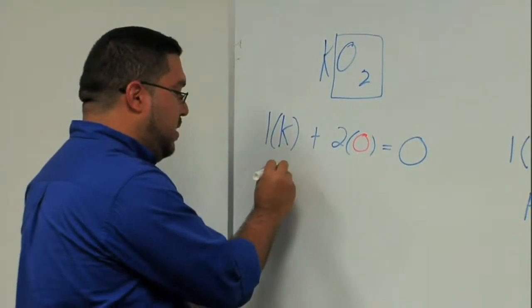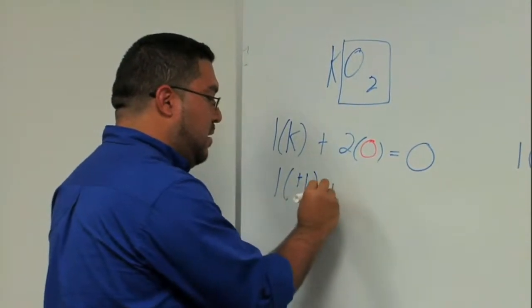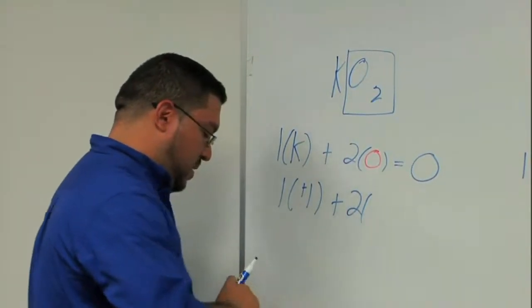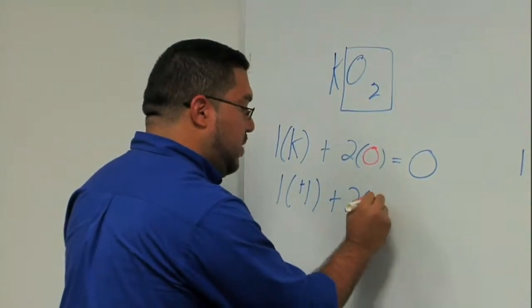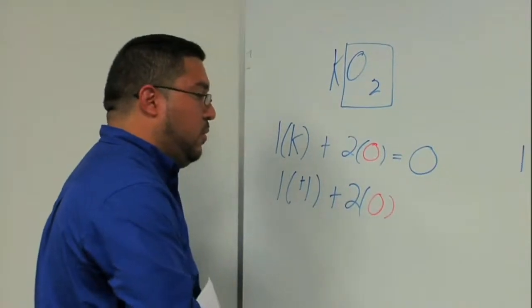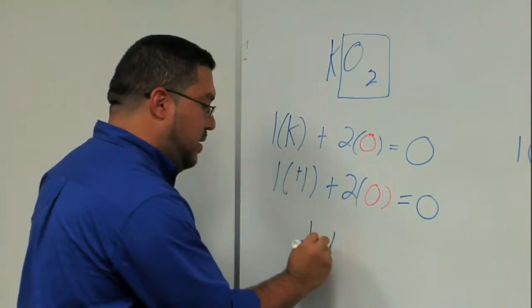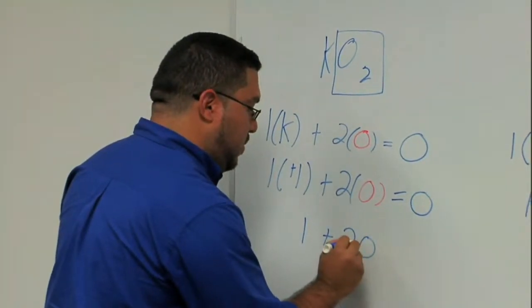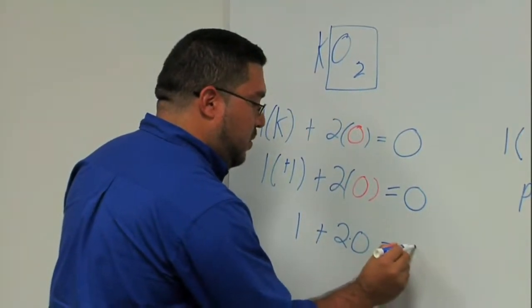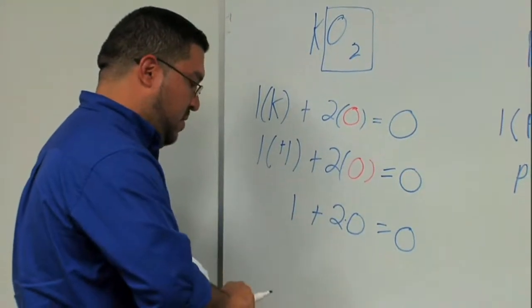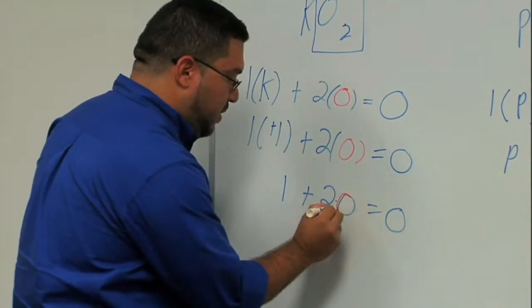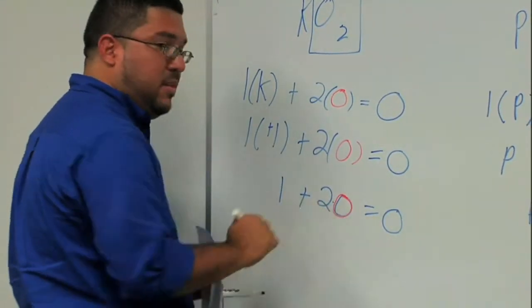So I'd have 1 times a positive 1 plus 2 times my unknown is going to all be equal to 0. Start to solve for this. I have 1 plus 2O, 2 times O I should say, is equal to 0. Correct? Let me go ahead and put that in red so you can differentiate that this is oxygen and not a regular 0.